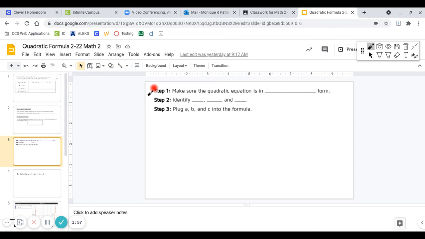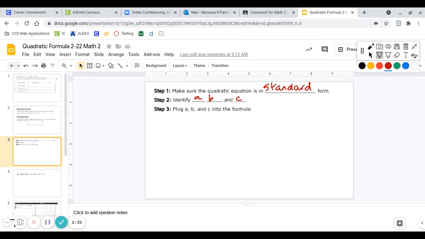All right, so here are the steps. You want to write these down. Step 1, you want to make sure your quadratic equation is in standard form. So that means it is in order by exponent, greatest to least, and then it is equal to 0. Step 2, we want to identify a, b, and c. And step 3, you're going to plug a, b, and c into the formula.